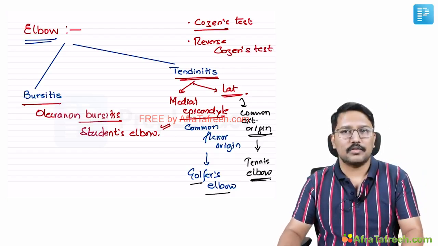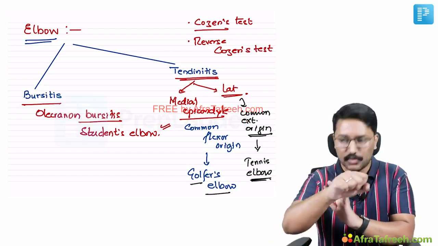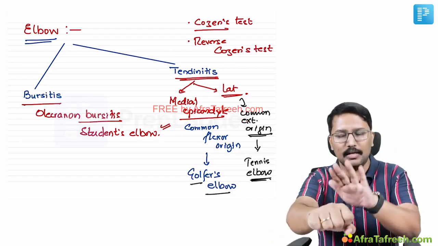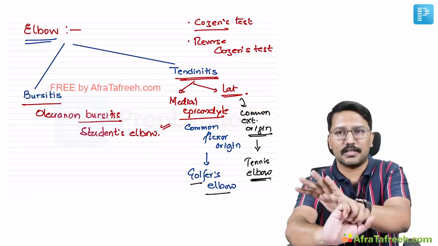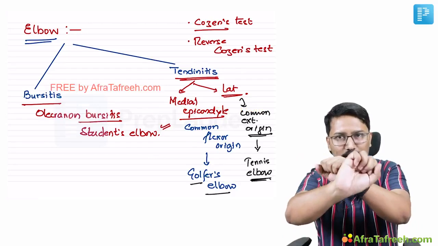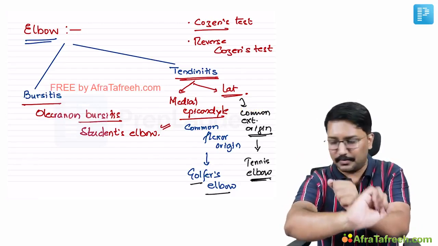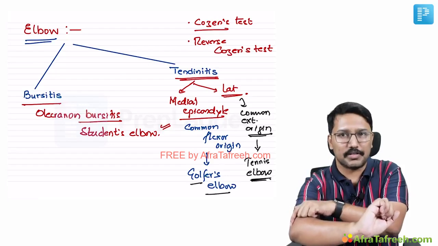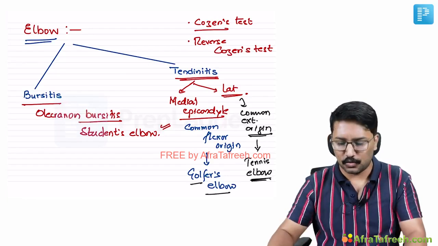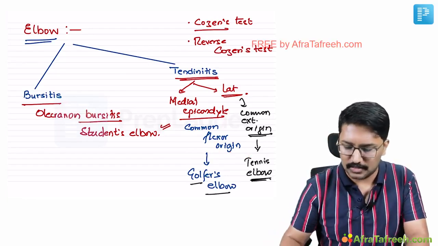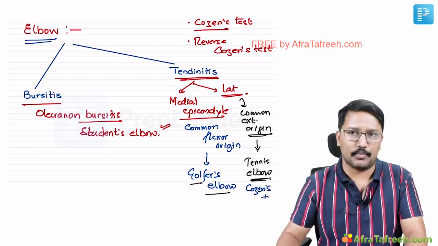Now, what is Cozen's test? In Cozen's test, we ask the patient to have their hand outstretched, and then we ask them to extend the wrist against the examiner's resistance, right? The examiner is offering the resistance, and this is the patient's hand. He is trying to extend the wrist. In doing that, his extensor tendons are under pressure, and if there is lateral epicondylitis, patients will experience pain, right? So Cozen's test is used for diagnosis of which condition? For tennis elbow. Cozen's test is for tennis elbow.